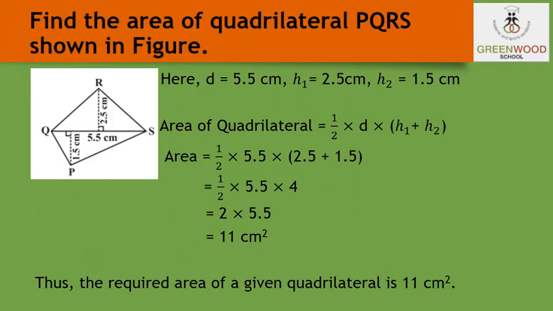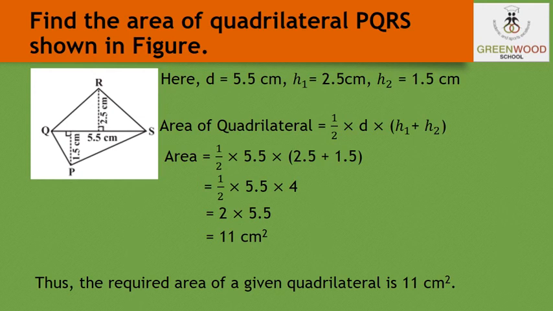Here, find the area of quadrilateral PQRS shown in the figure. As you can see in the figure, length of diagonal is 5.5 centimeter, H1 equals 2.5 centimeter and H2 equals 1.5 centimeter. As we learned, area of quadrilateral is equal to half into the length of diagonal into (H1 plus H2).